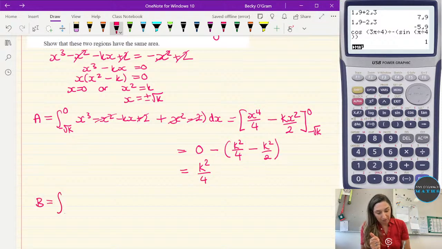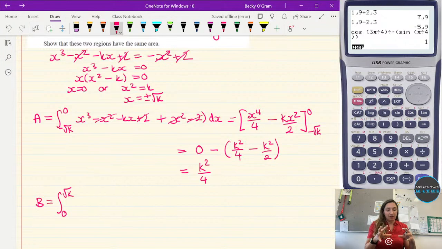Similarly for b, but we're going between 0 and root k, the positive one. And this time we have the quadratic function minus the cubic one. So what we had in the first line for a, we're just going to reverse that.